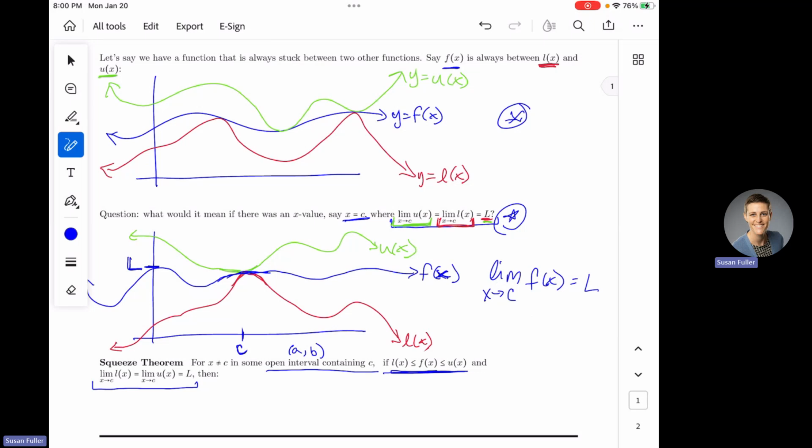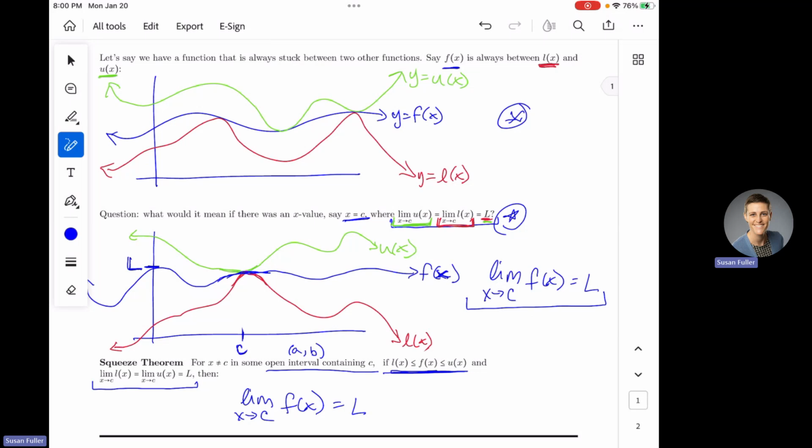Then I know from here that these two functions will squeeze my f of x and force the limit as x approaches c of my function f of x to also be L. This is the squeeze theorem. It says that if your lower function and your upper function have the same limit, it forces your middle function to also have that limit.